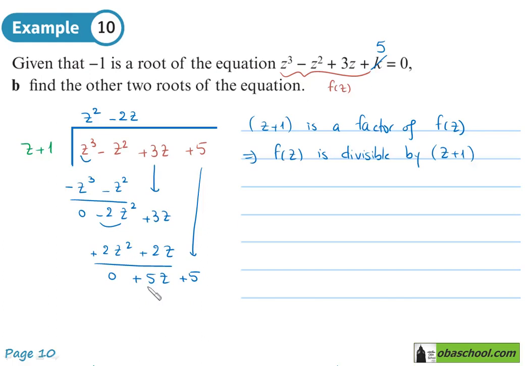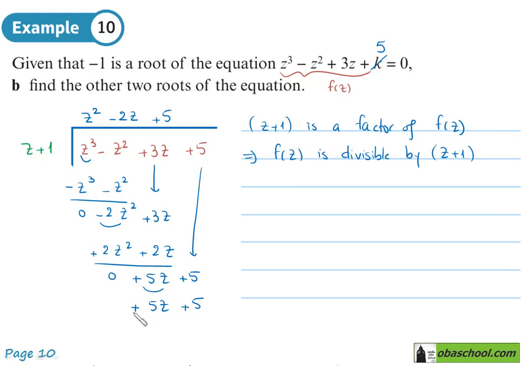Now 5z plus 5 divided by z plus 1: the leading term is 5z divided by z, which is plus 5. We multiply plus 5 times z, which is 5z, and plus 5 times plus 1, which is plus 5. We subtract these two expressions, changing the signs of the terms of the second expression.